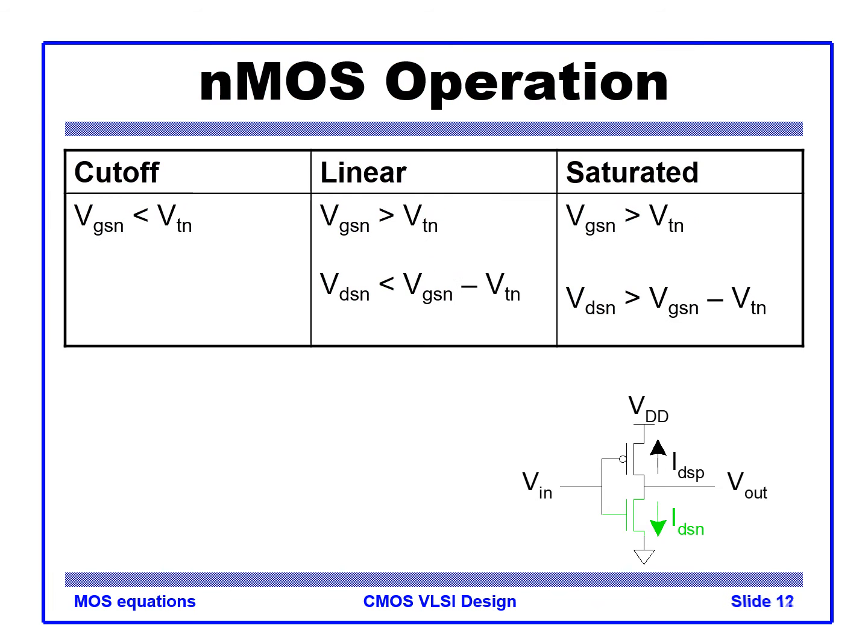We haven't assigned the VDD yet, so we just keep the VGSN here.